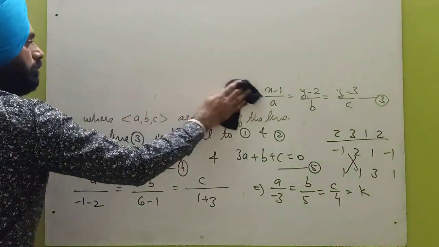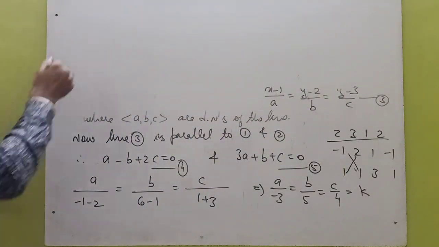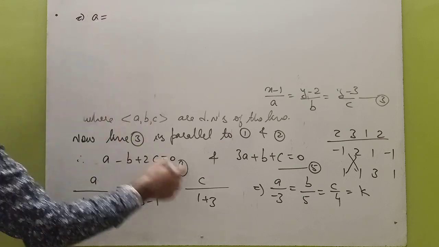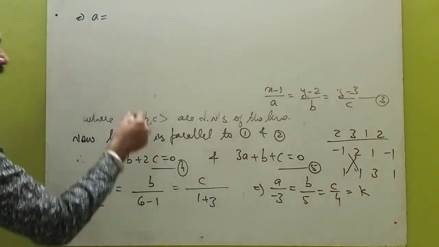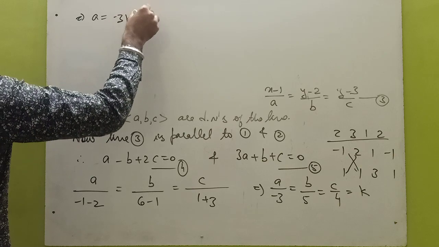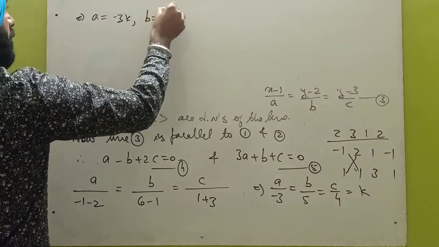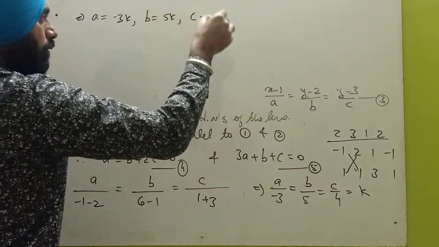Therefore a is equal to minus 3k, b is equal to 5k, and c is equal to 4k.